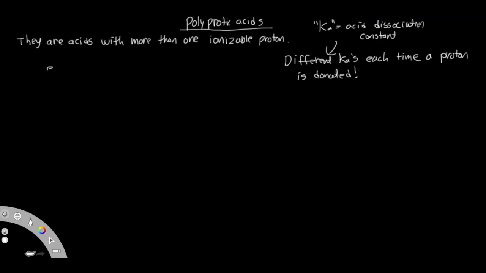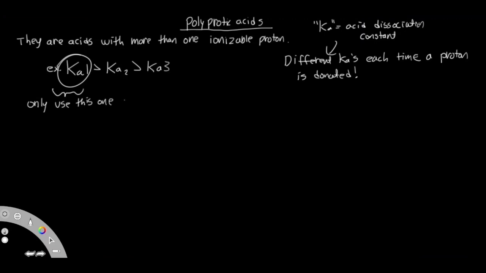So for example, Ka1 is going to be greater than Ka2, and it's going to be greater than Ka3. So we only really use this one, okay? We only use this one, since Ka2 and Ka3 are insignificant because they are weak.